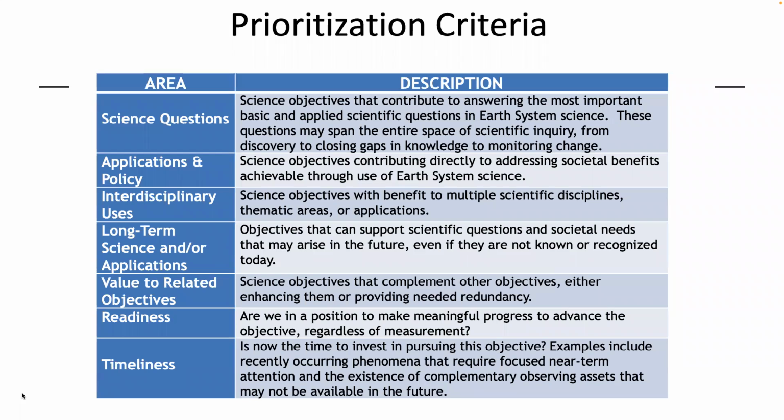Like, can we make meaningful progress regardless of the measurement? One of the differences with the 2017 decadal survey as opposed to the 2007 one: 2007 was all about the specific technology. This 2017 document is all about the thing on the Earth's surface you're measuring and less about the technology and the specific route that you're taking to accomplish that objective. So they targeted the observables rather than the technology.